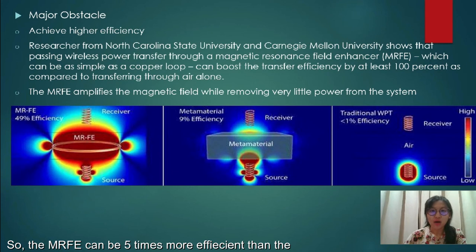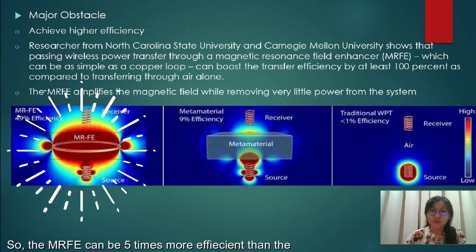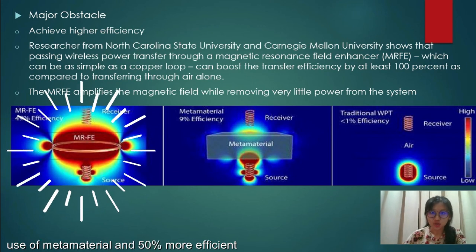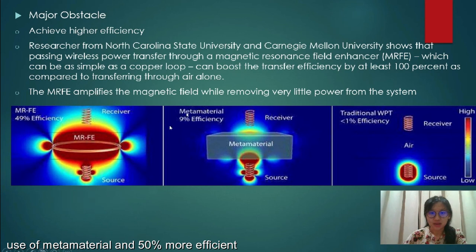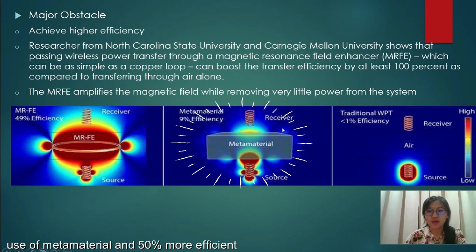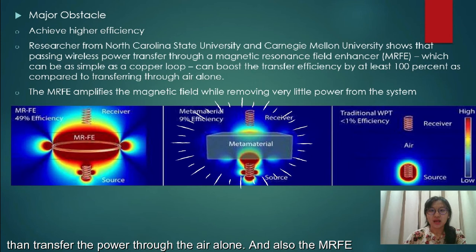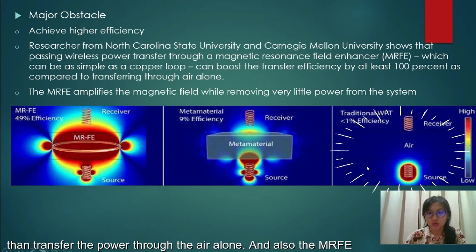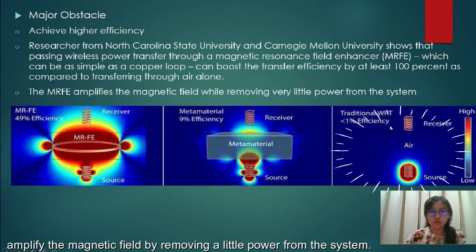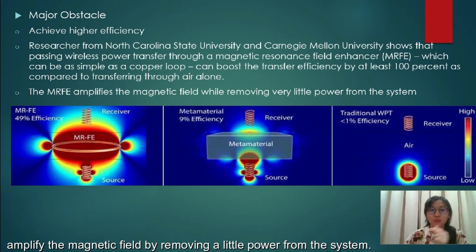The MRFE can be 5 times more efficient than the use of metamaterial. This is the metamaterial, which is 50% more efficient than transferring the power through the air alone. This is the air. The MRFE also amplifies the magnetic field by removing a little power from the system.